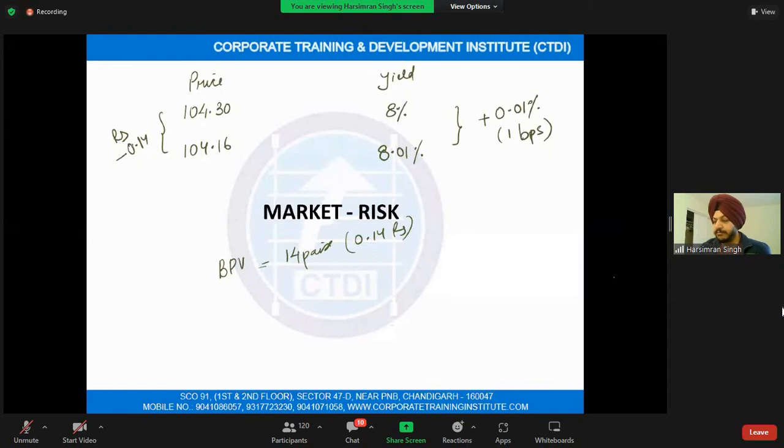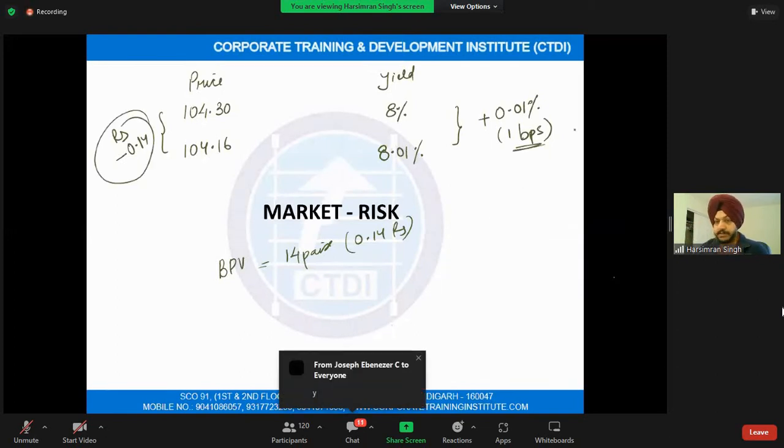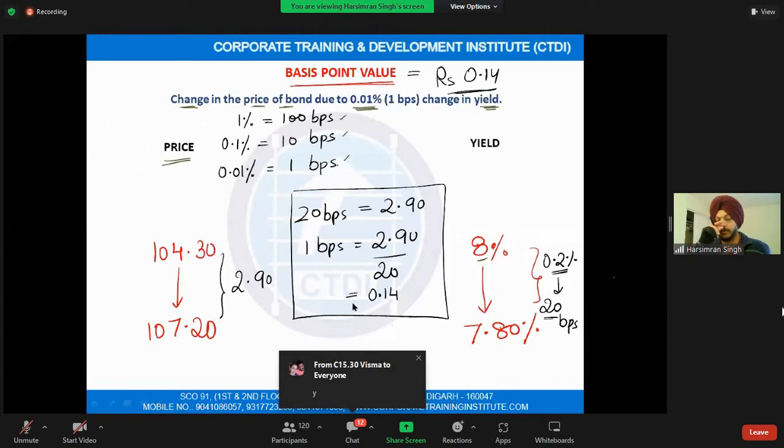Is that clear or not? What is the change in the price due to 1 basis point movement in interest rates? Is it clear? This is a most simple example, but I want you to solve this question.